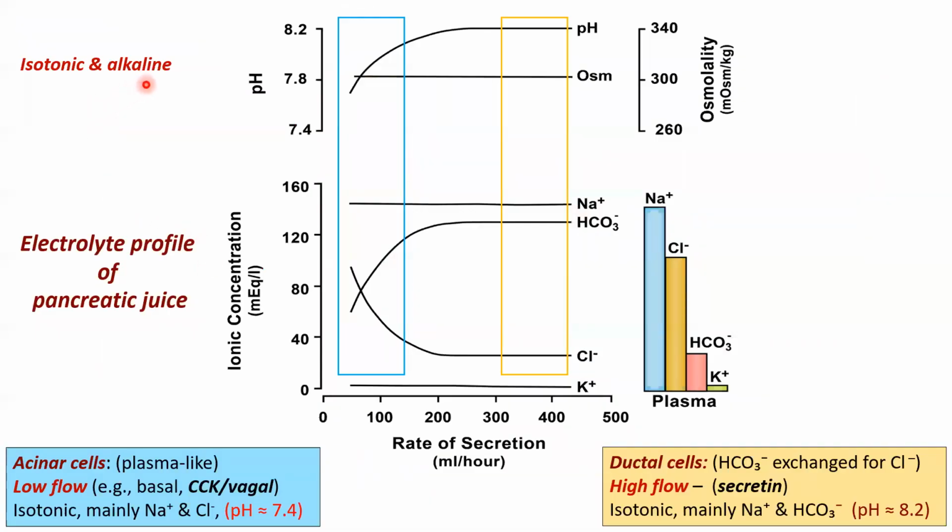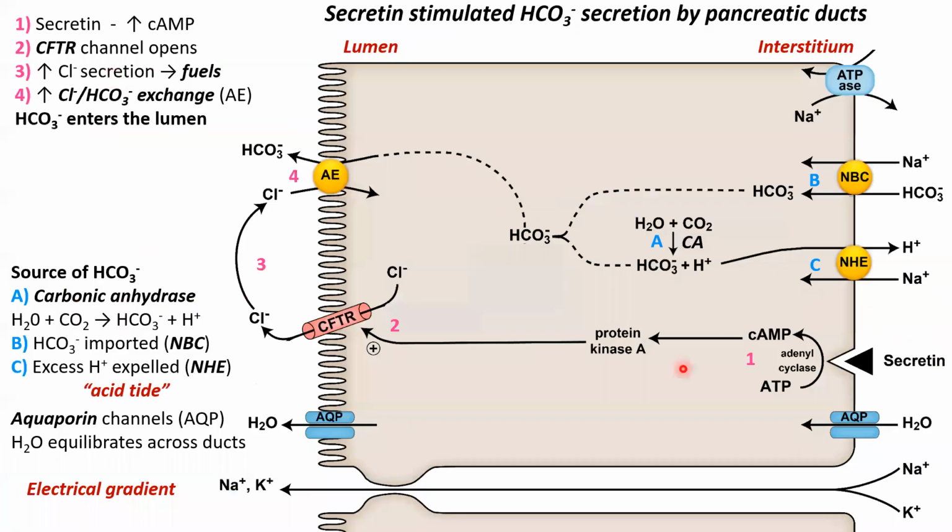As I mentioned, the solution is going to be isotonic. Osmolality just stays the same, but because of the bicarb being exchanged for chloride, that's basically the way ductal fluid increases through secretion. Secretion acts primarily through this system to move bicarb.